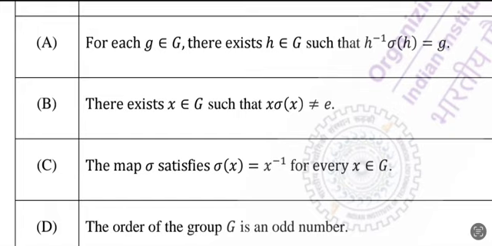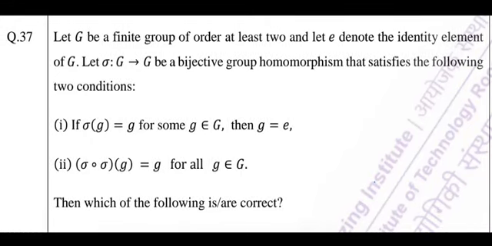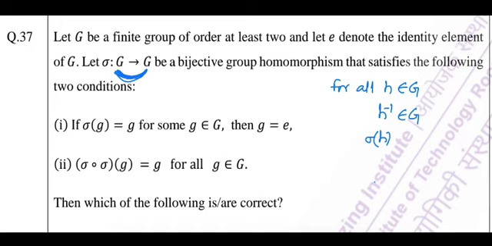So suppose for all h belonging to G, obviously h inverse will be in G, and sigma h, that is the mapping of h. You see both the groups are the same, so sigma h also belongs to G.